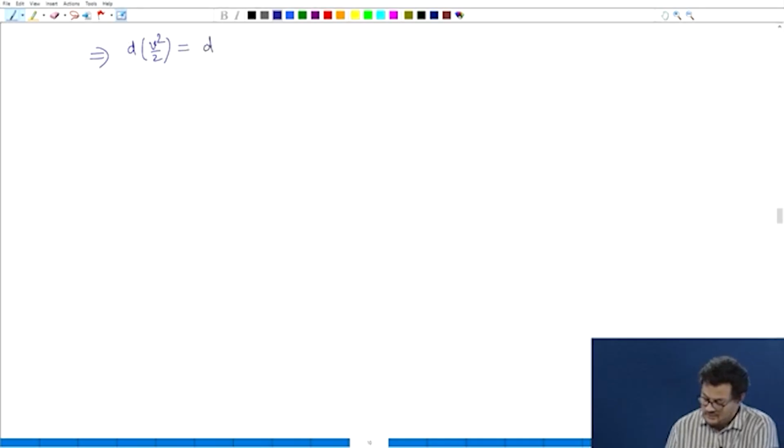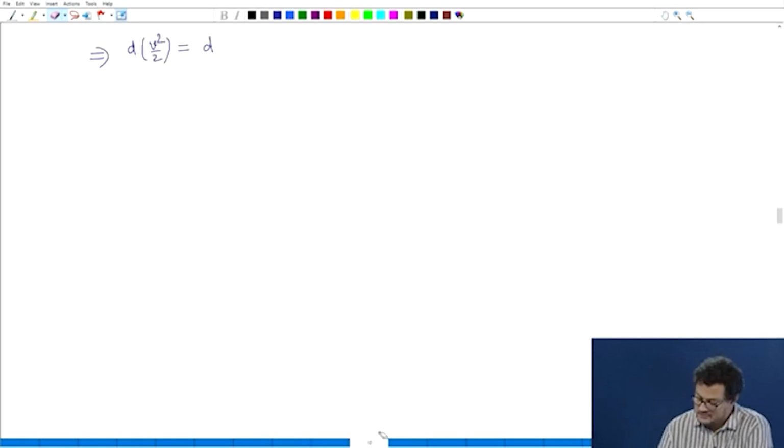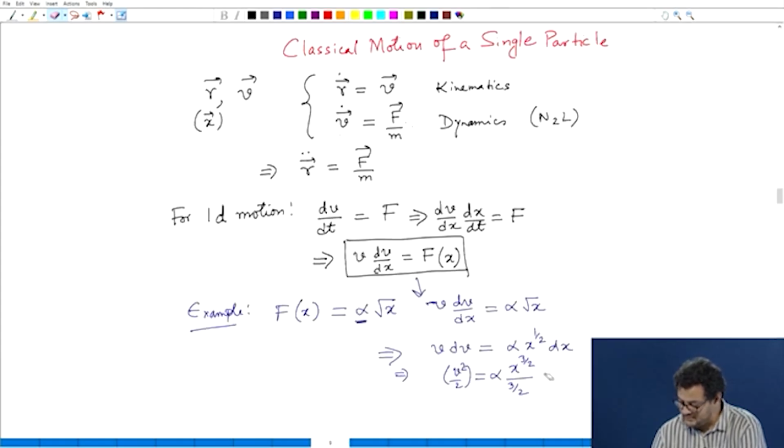let me just check whether I have done the thing correctly. So, yes, I should write like this. Since I have already done the integration, I should just get rid of this. And then you can say here you have an arbitrary constant of integration which should appear here.